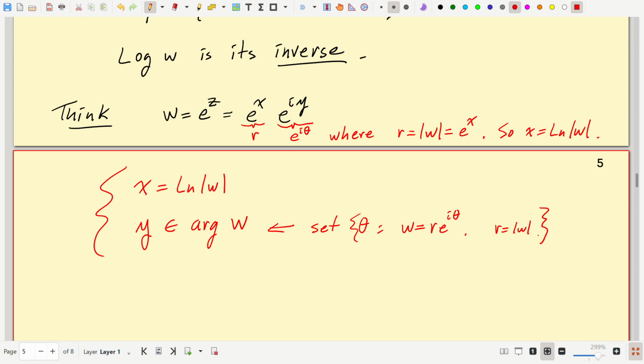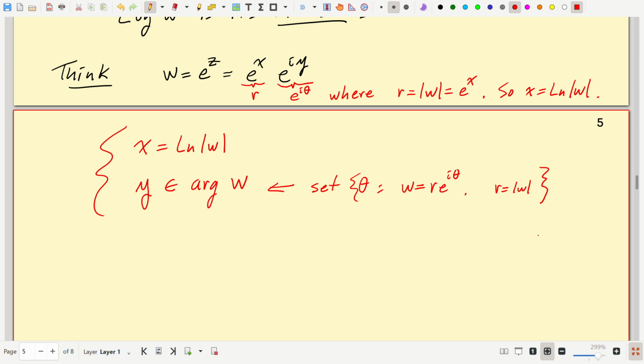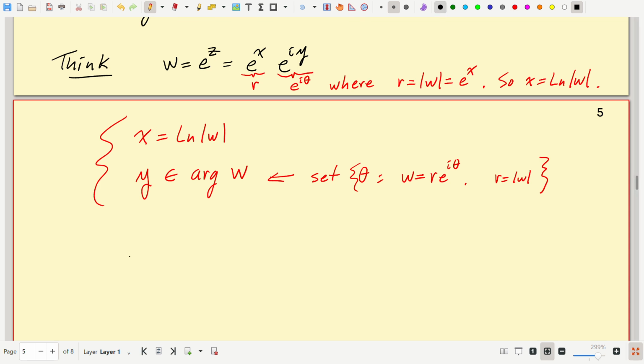So we're going to write z is a log of w. The real part has to be the log of the modulus of w, and the imaginary part is plus i theta, where theta is an argument of w.